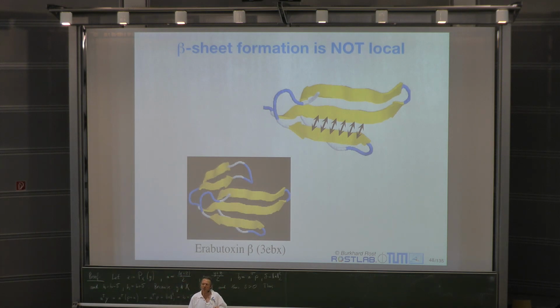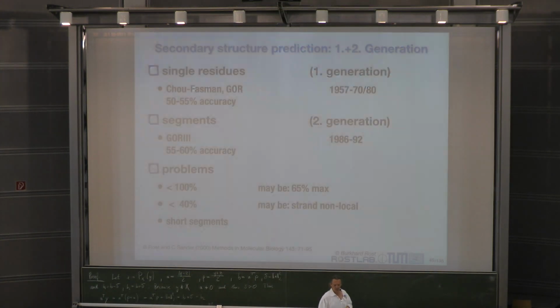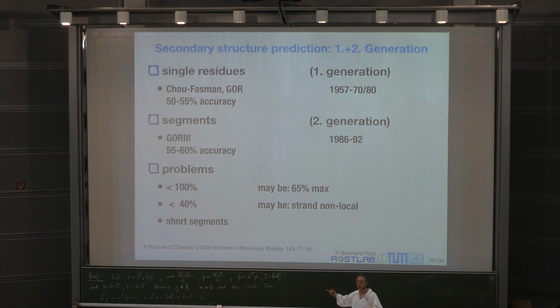But the argument simply was, clearly, the helix is more local than the beta strand, and maybe that is the reason why beta strand is predicted less accurately. And maybe that is also the reason why 65 is the upper limit. The reason why people said 65 is because people tried almost any algorithm by the mid-90s on this problem, and none of these methods ever got above 65.